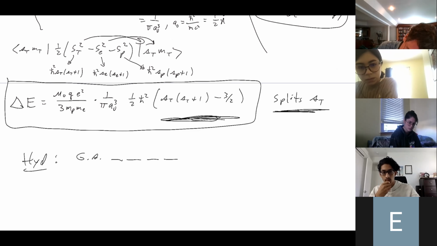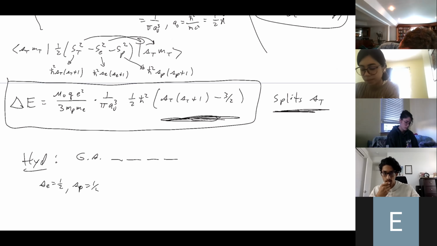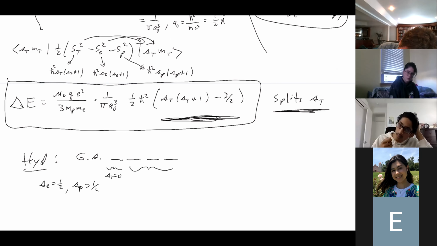But now, the electron has spin 1/2, the proton has spin 1/2, and so that means that I'm going to have a singlet, S total equals 0, and 3 triplets, S total equals 1. And this is M total equals 0, and M total equals 1, 0, and -1.